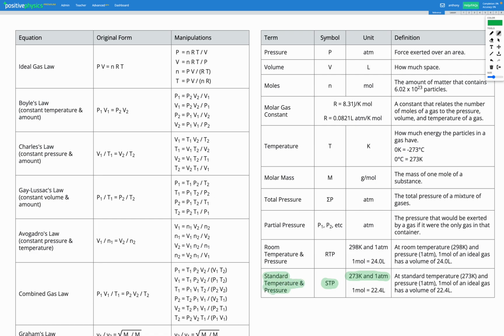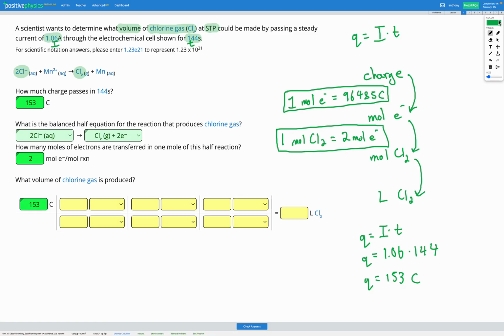Under those conditions, 1 mole of a gas takes up 22.4 litres of volume. So those are our 3 conversion factors we're going to need for our 3 steps. So we can go ahead and use those in our dimensional analysis table now.